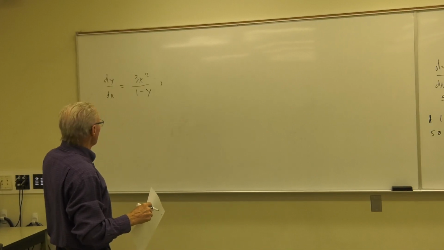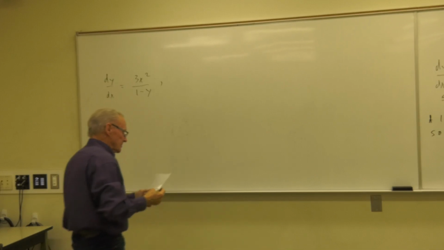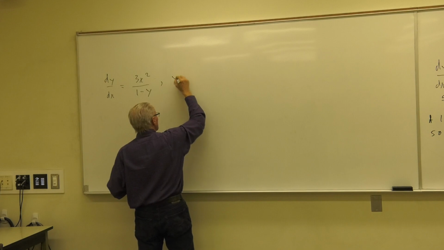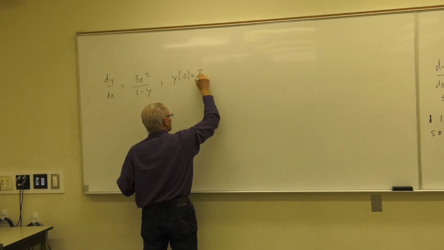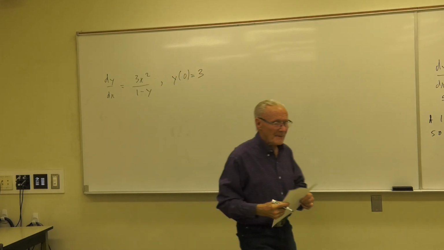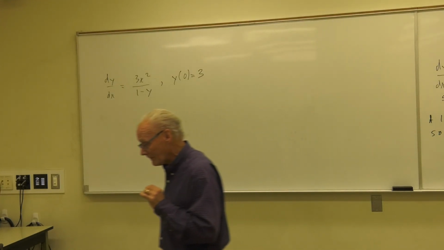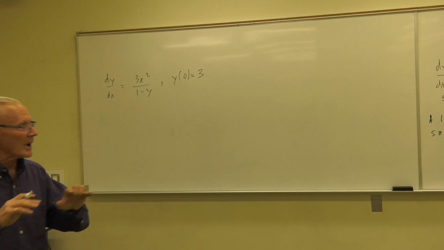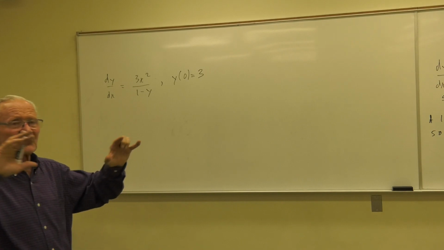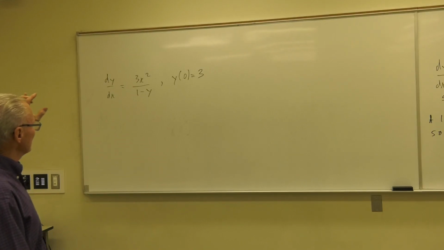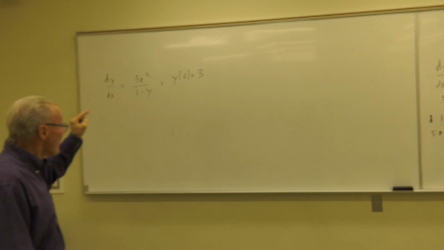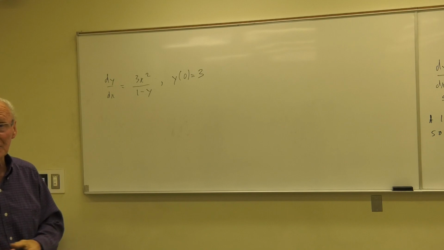I'm going to look for that solution of this differential equation that also satisfies this initial condition, that when x is 0, y must be 3. All right? So I'm not looking for a parameter family. I'm not looking for a general solution. I'm looking for a particular solution of that differential equation that also satisfies that initial condition.